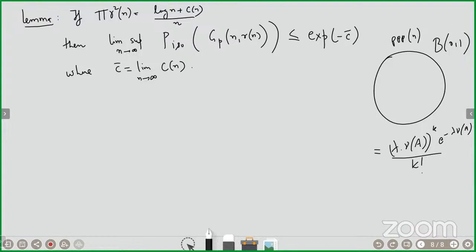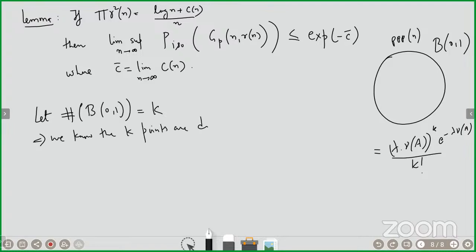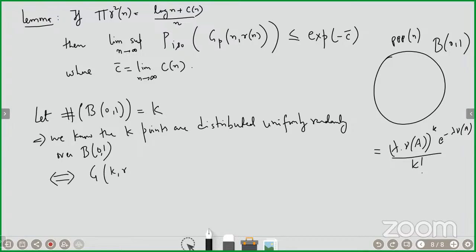So condition on K, then we know the K points are uniformly randomly distributed over B01, which is equivalent to thinking of G of K comma Rn.